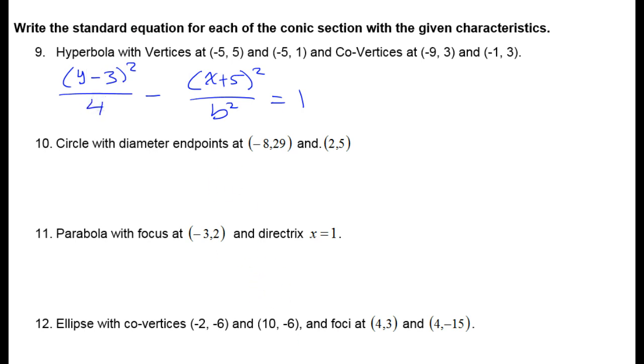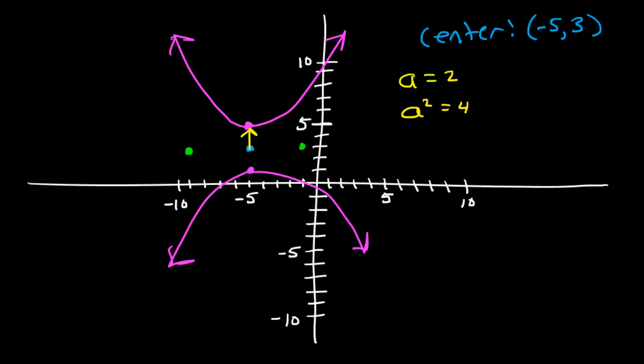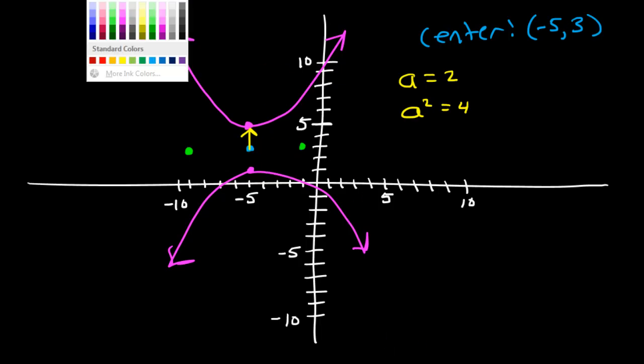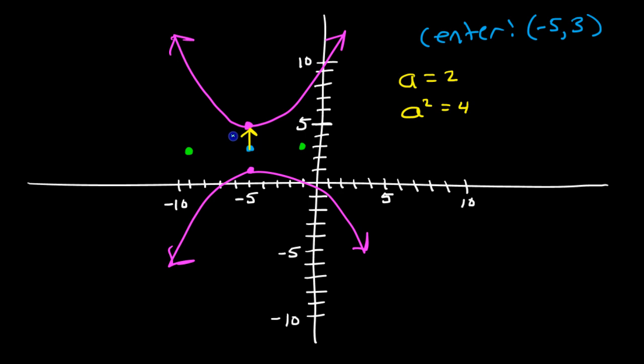And then b is the distance from the center to a co-vertex. So from the center to a co-vertex, that's b. Well, let's see. This is from -5 to -1. That's a distance of 4.